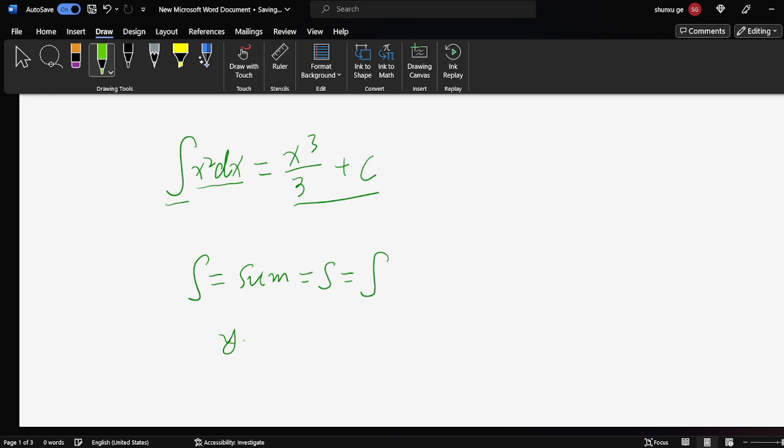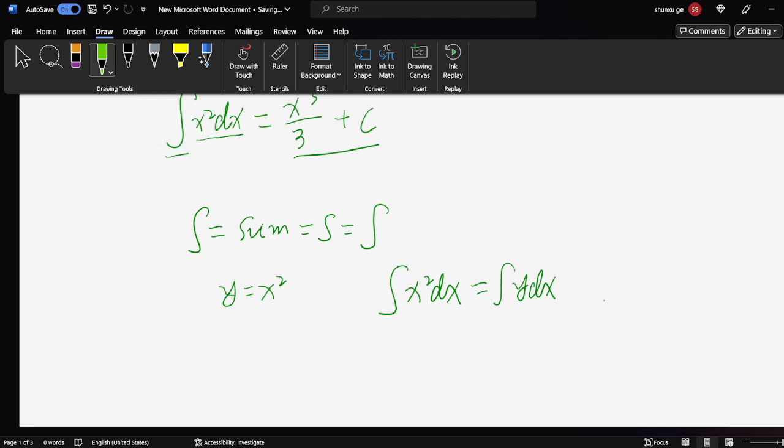For example, y equal x squared. So this part we can write y dx, y equal x squared. So dx times y is here.